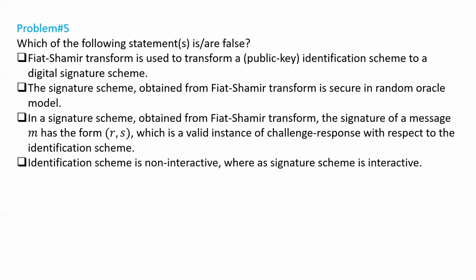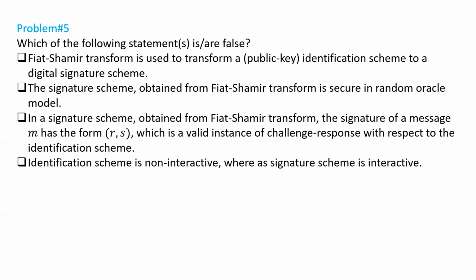So if this R value is matched, then the signature is verified successfully. So that is how an identification scheme can be converted to a digital signature scheme by using the Fiat-Shamir transformation.